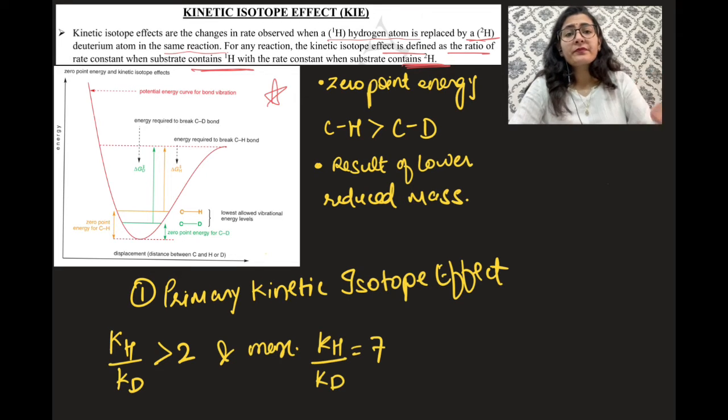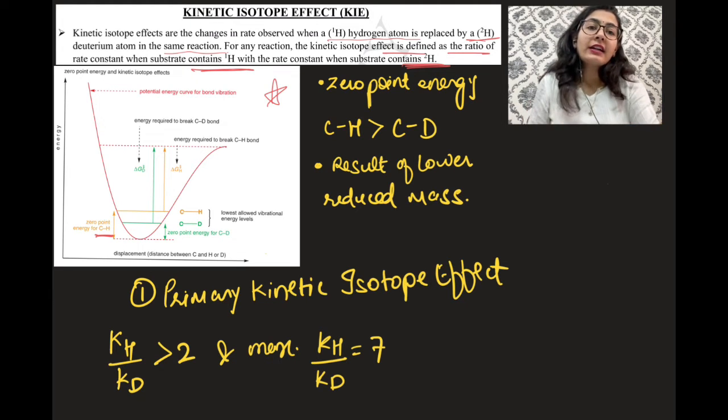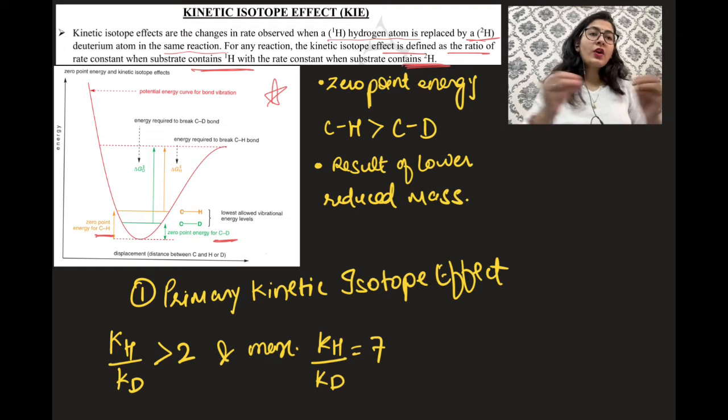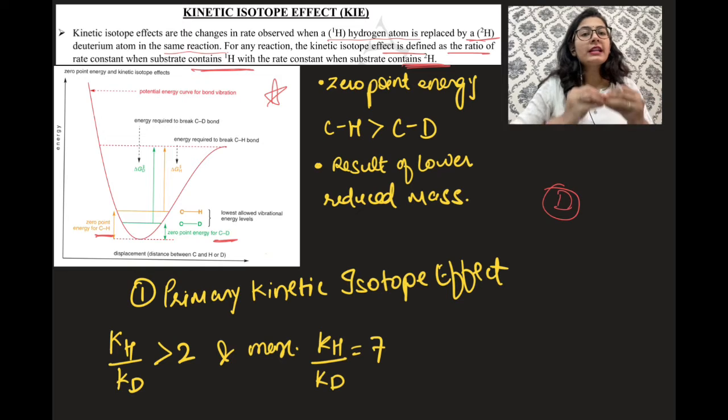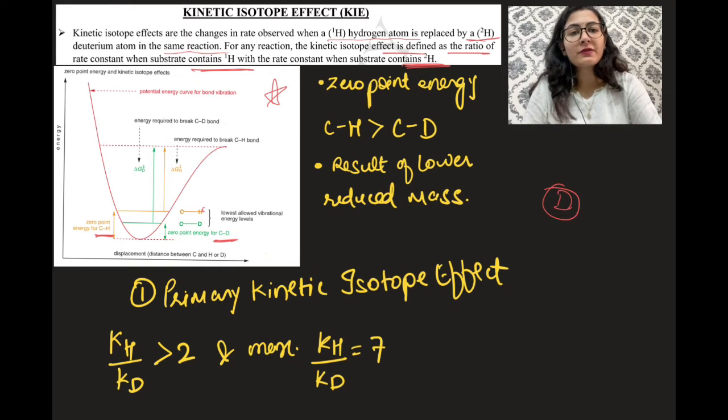So the zero point energy for a carbon hydrogen bond is higher than for a carbon deuterium bond because of more vibrations, or easier vibrations, due to the lesser reduced mass of carbon and hydrogen as compared to carbon and deuterium. ठीक है, तो ड्यूट्रियम का मास बड़ा रहता है, इसीलिए ड्यूट्रियम और कार्बन का वाइब्रेशन कम है as compared to carbon hydrogen, so hence higher energy for this.